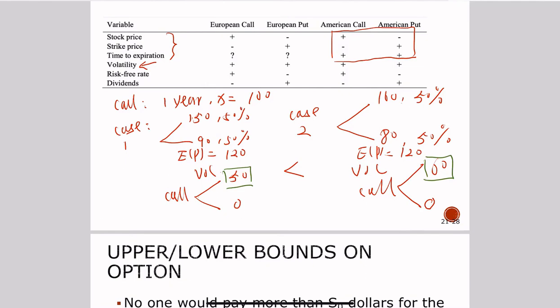And you can make a similar argument about the relationship between put and volatility. And you will still get the same result. That is, a put would become more valuable if volatility is larger. So what's the intuition here? The intuition is when you have a call, you have a limited downside, right? Because no matter how bad the share turns out, the call price will just be 0. It won't become negative, right?